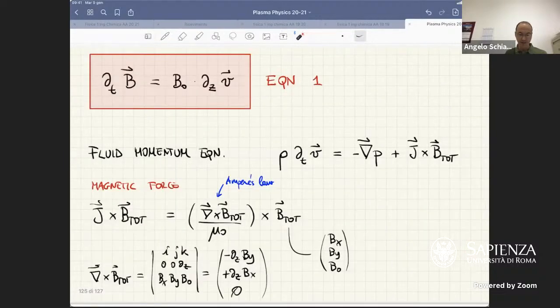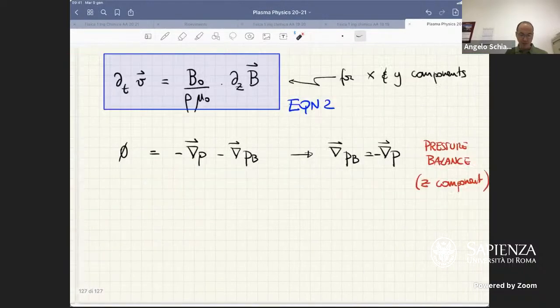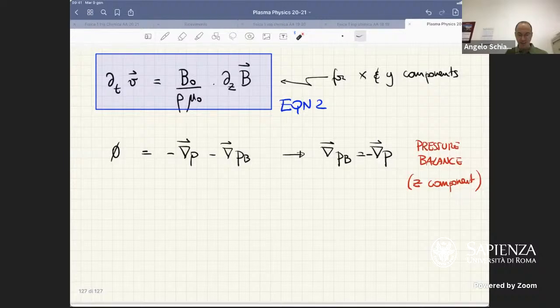Let's go back and see where we had the time derivative of B and the spatial derivative dz of V. Here we have the same structure, time derivative of V with the spatial derivative of B, so exchanging the roles of B and V.